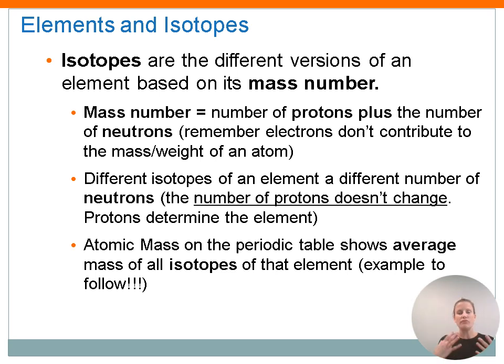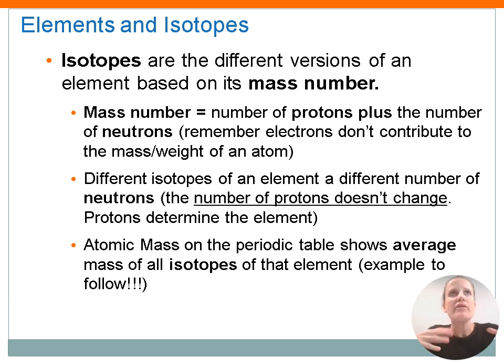So it's a different version of the element that weighs a little bit different, right? It might be a little bit heavier or it might be a little bit lighter, but it has a different weight, different isotopes. Now, remember that we said the mass, the size of the atom, is the number of protons plus the number of neutrons.